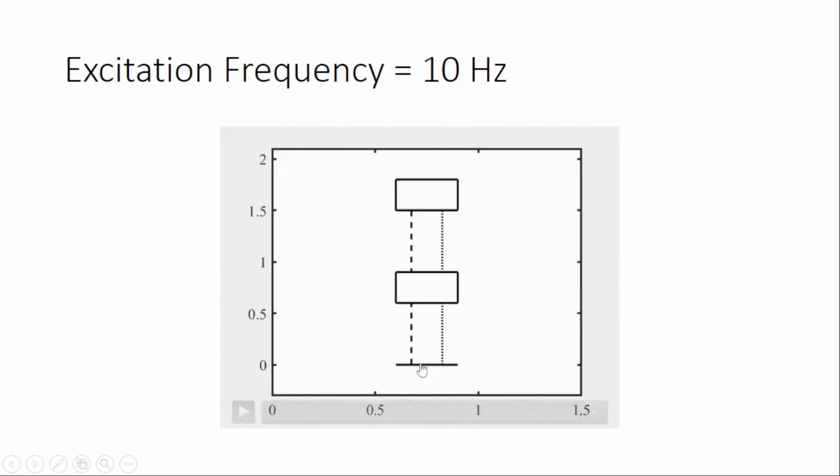So here it does not perform its actual function. We can see that the lower mass is oscillating at a higher amplitude now.